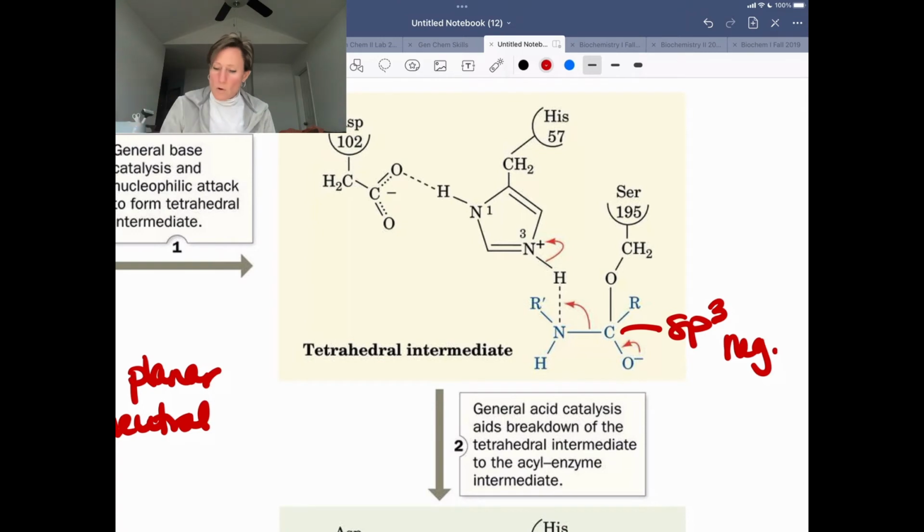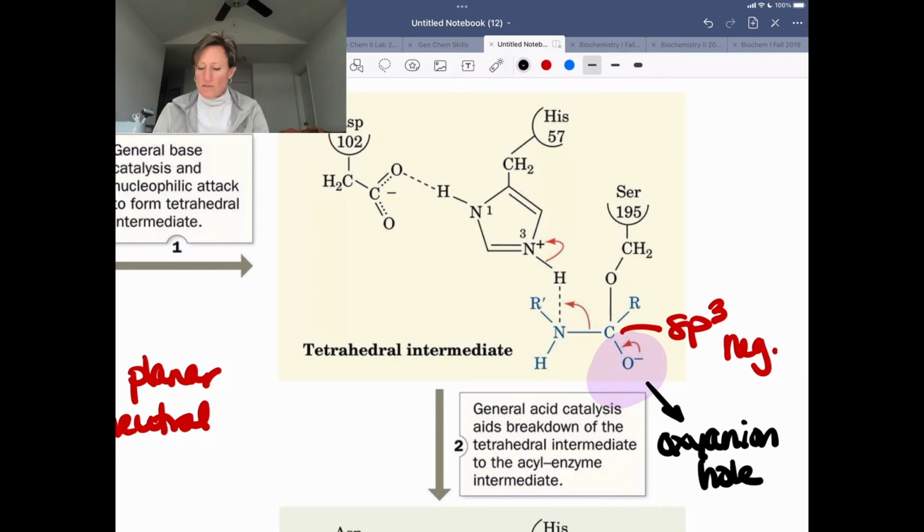One of the things we're going to highlight is this right here: we have created a negative charge on that oxygen and we've changed the geometry such that we've pushed it into a different spot. Why this is important is that it is now pushing into something we call the oxyanion hole.